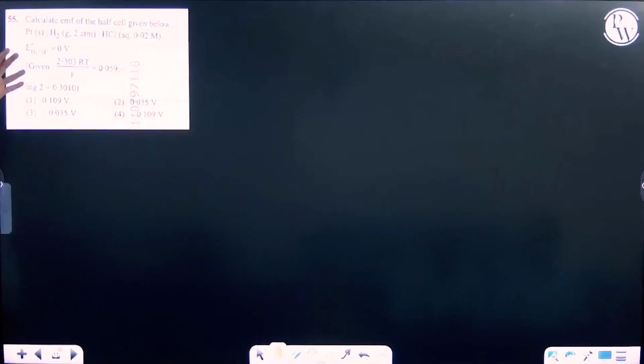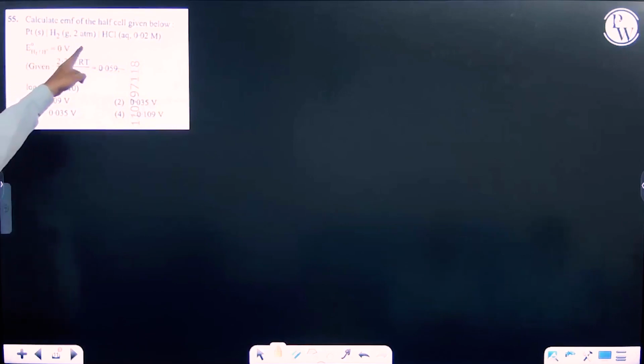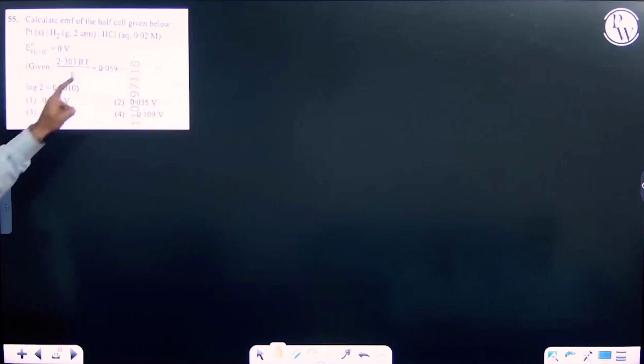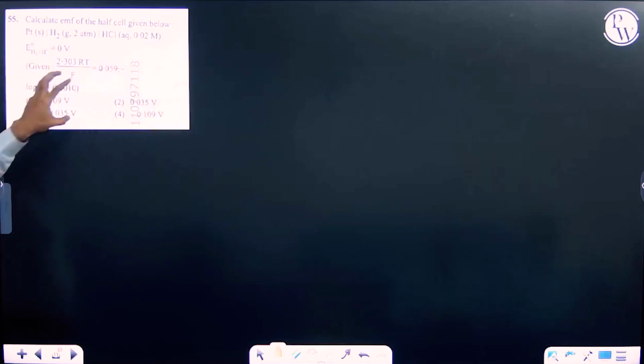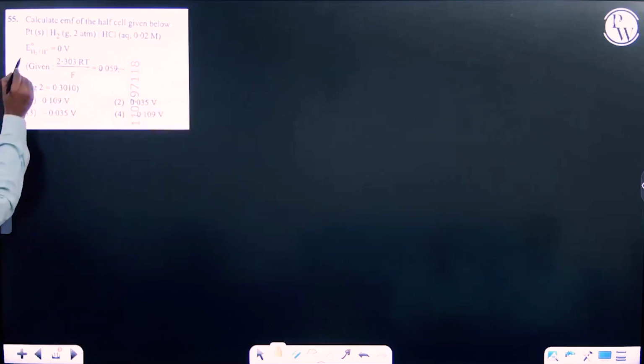And if you look at this, calculate the EMF of the half cell given below: platinum, hydrogen at 2 atmosphere pressure. It is not 1 atmosphere, so it is not a standard hydrogen electrode. And the concentration of HCl is given as 0.02 molar. That means both the concentration as well as the pressure are changing. And be careful about what he is asking.